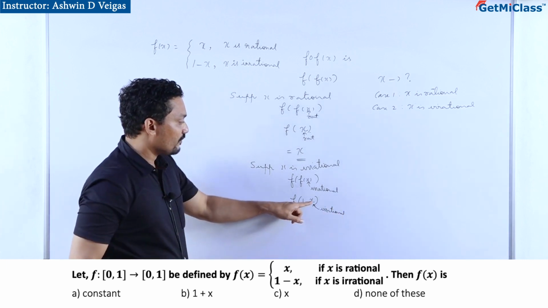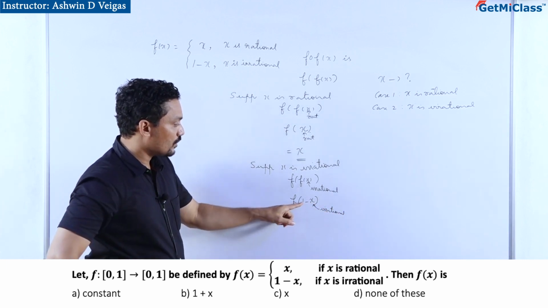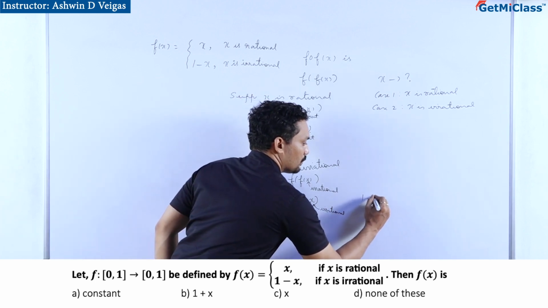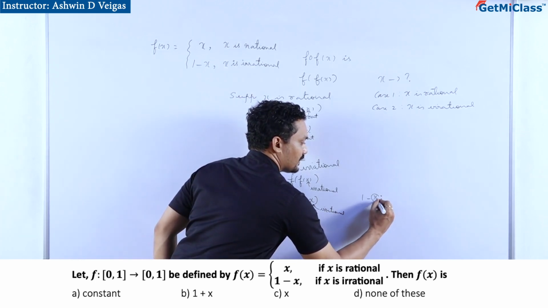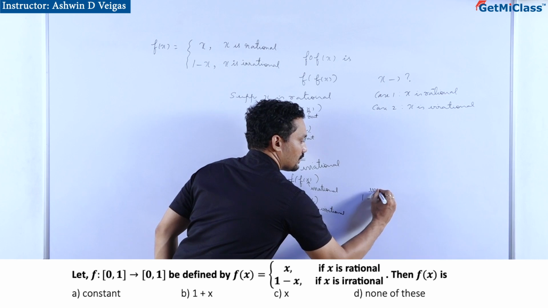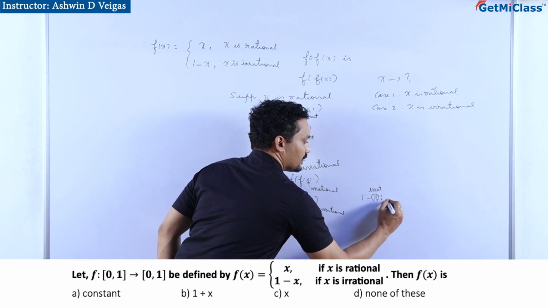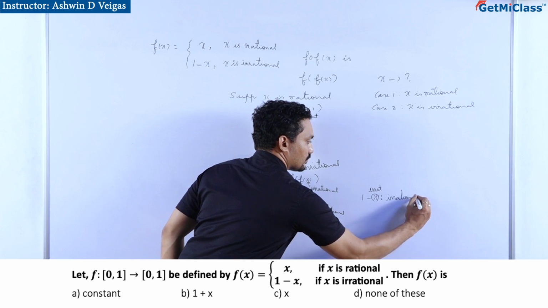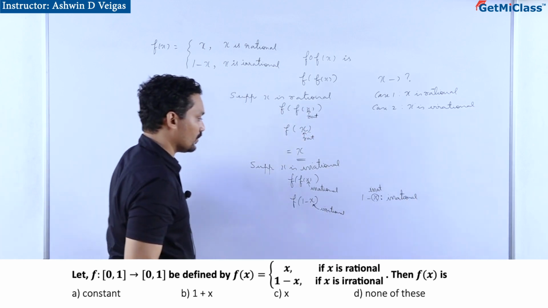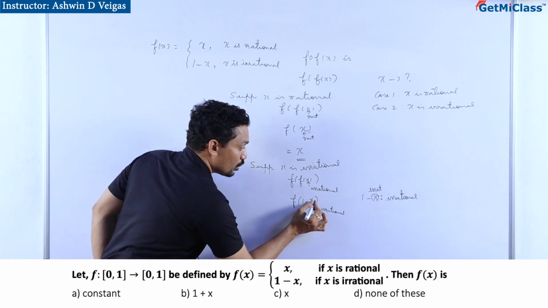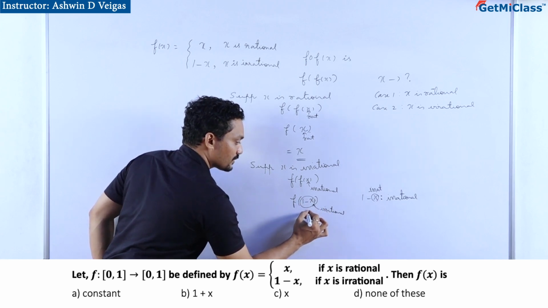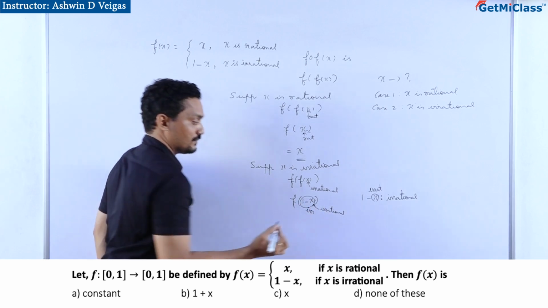Now, if x is irrational, we know 1 minus irrational will be again irrational. So, 1 minus x, if x is irrational, will be again irrational. So, therefore, since x is irrational, 1 minus x also becomes irrational.